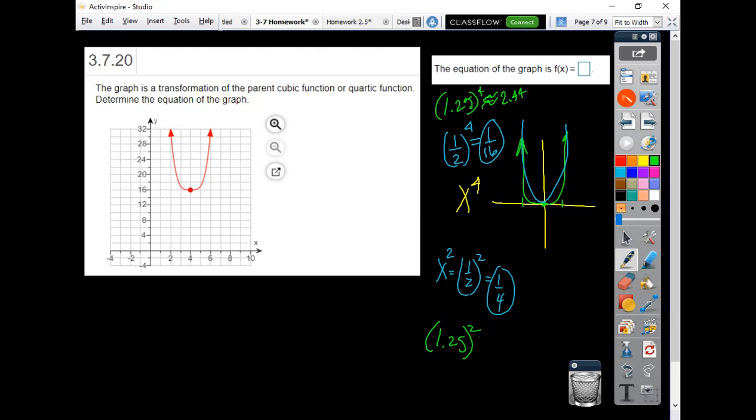And down here, this one rounded off is more like 1.56. So once you get over 1, the 4th degree does grow faster, so it's going to be steeper.